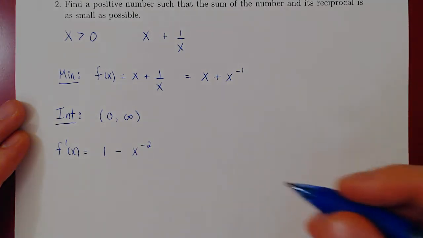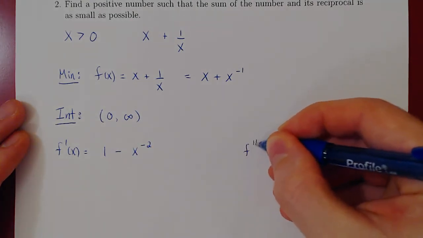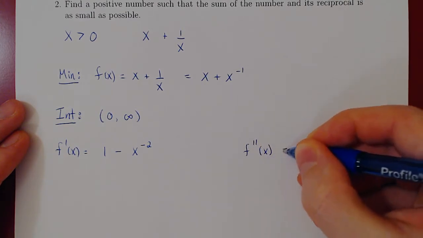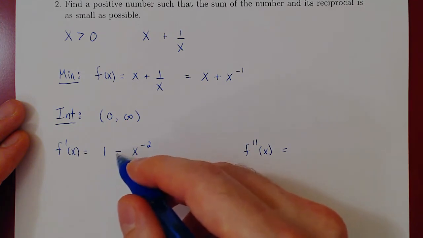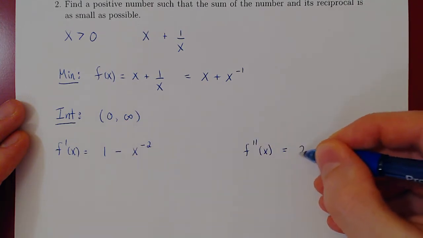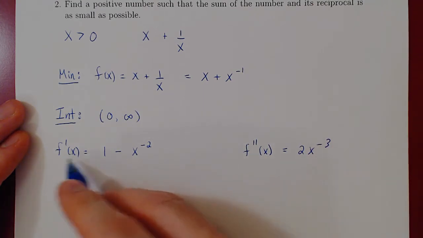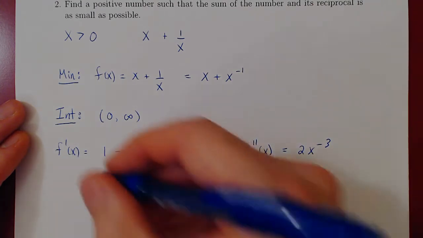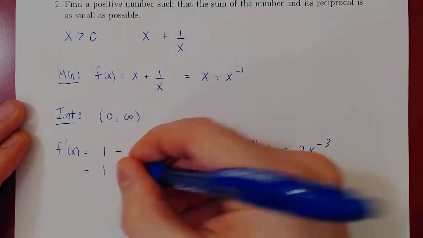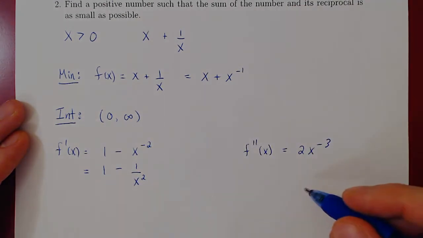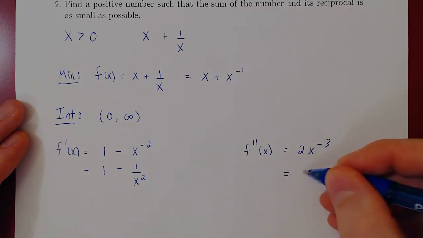Find the second derivative, f double prime, to give you concavity, which is the derivative of 1 is 0 minus negative 2, so positive 2, x to the negative 3. You can rewrite both using positive powers of x, so the first derivative ends up being 1 minus 1 over x squared, and the second derivative simply 2 over x cubed.